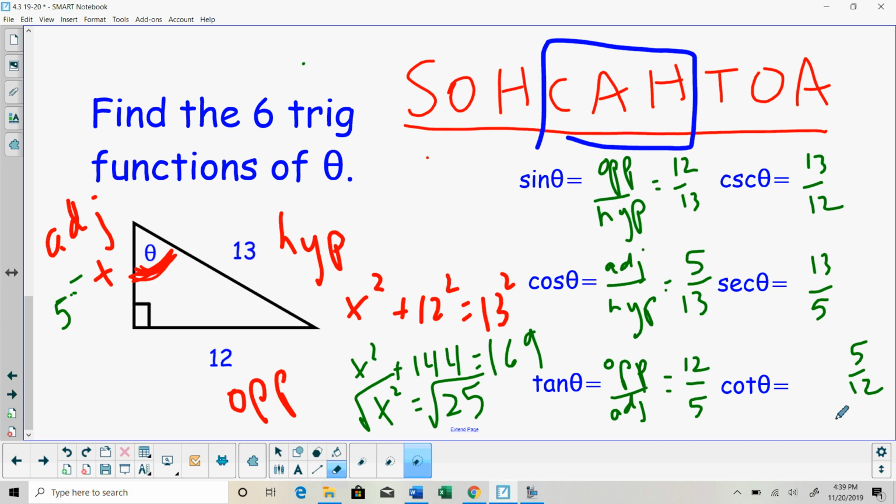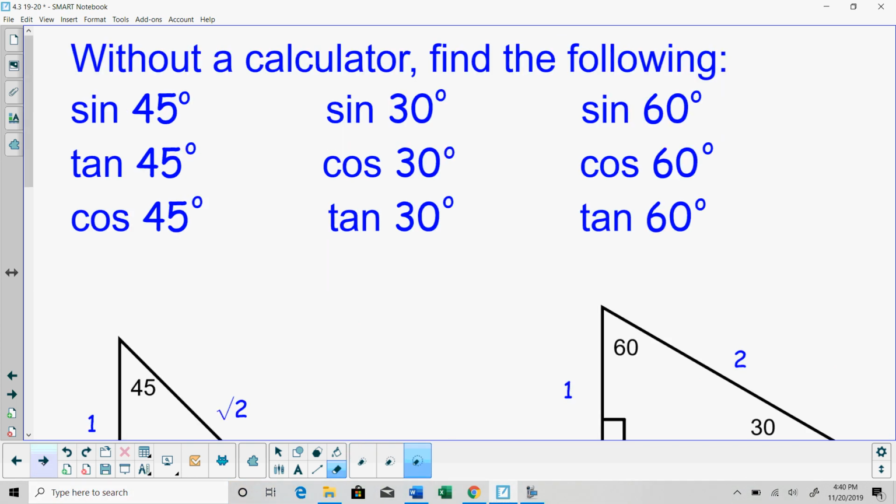All right, so that brings us to this example, and these are all on your notes that I gave you in class. So without a calculator, we're trying to find the following. We're going to try and find sine of 45, tangent of 45, cosine of 45, and so on. So let's work on that.